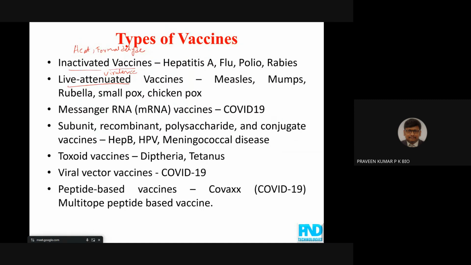These are live, but only the virulence alone is removed, so these viruses can also target the active viruses. If you see the examples of measles, mumps, rubella, nowadays you can see the MMR vaccine, which can target all these three. So it is a multi-component vaccine.